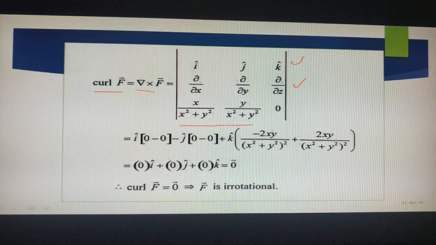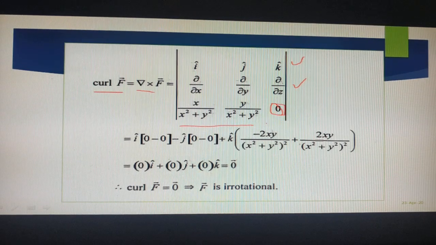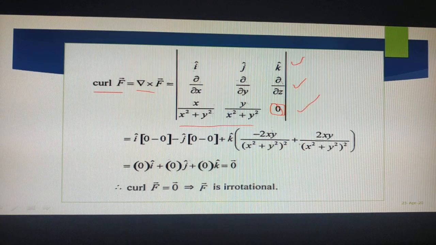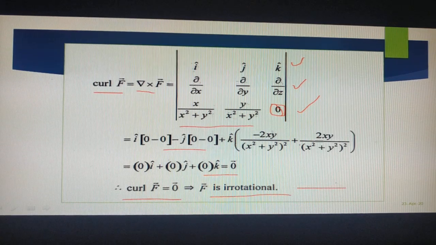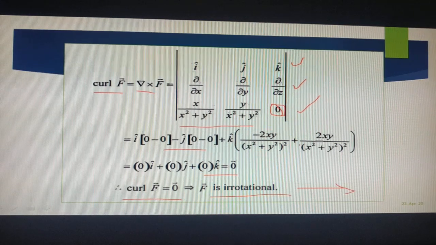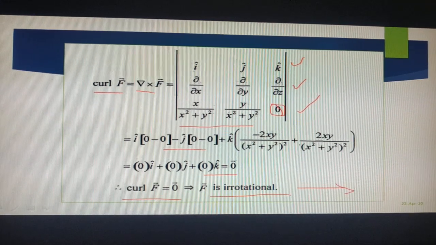So you see here F1, F2, F3. F3 is not there, so please take it as 0. That is not present in this problem. Then you find its determinant, and we got the 0 vector. When curl F bar is equal to the 0 vector, then it is irrotational. Very simple problems.